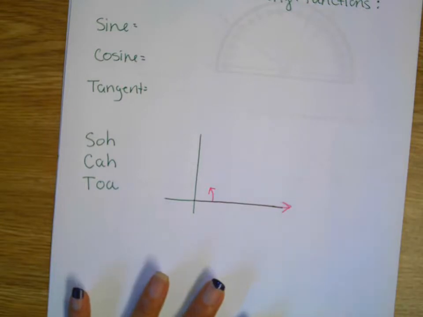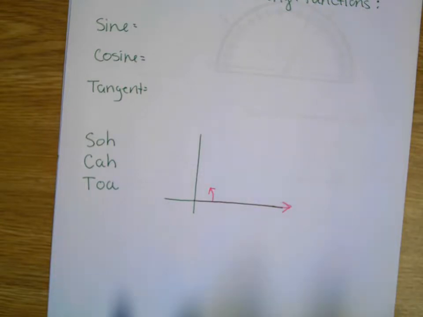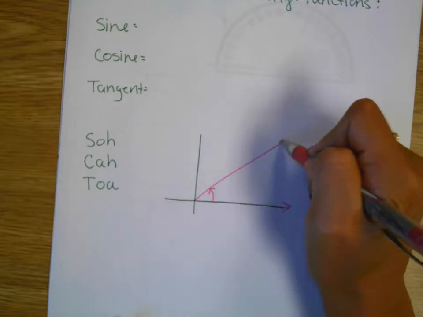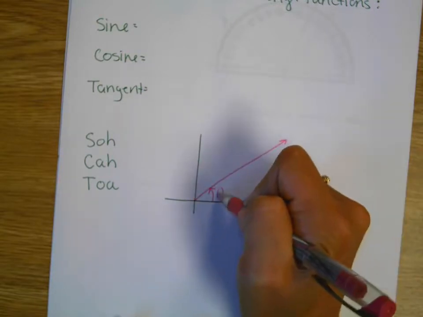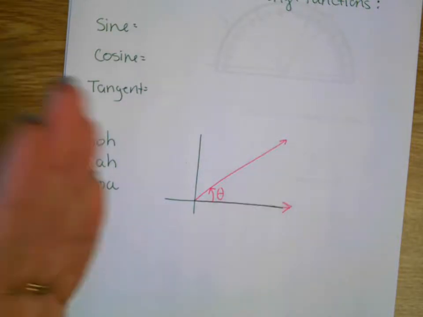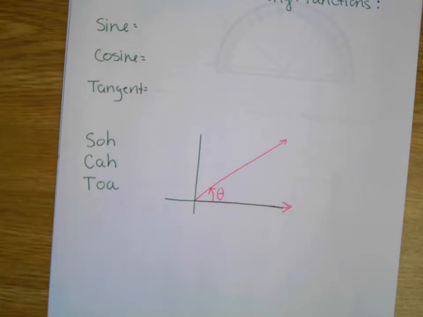Geometry was started by the Greeks, so their favorite letter is theta. Theta just represents an angle measure, like a 40-degree angle, but it could be any angle measure. So it's that rotation.